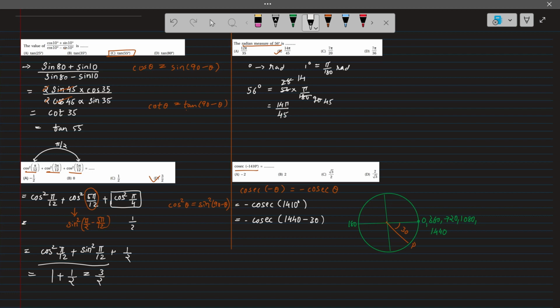Since this is in the fourth quadrant, cosec will become negative, so minus of cosec 30 degrees. Minus minus will become plus, the final value will be cosec 30 degrees. And cosec 30 is basically 2. So the final value comes out to be 2, given in option B.